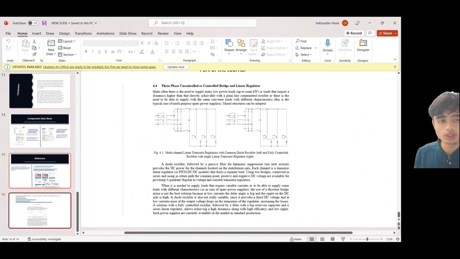So that's all the information for the three-phase uncontrolled rectifier. Thank you.